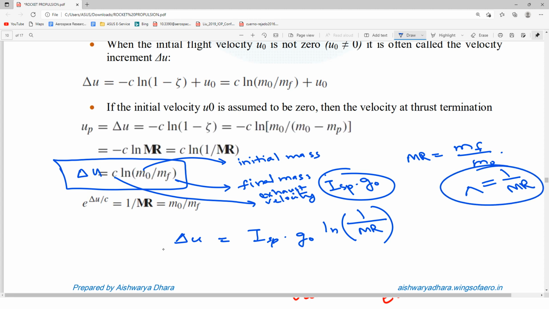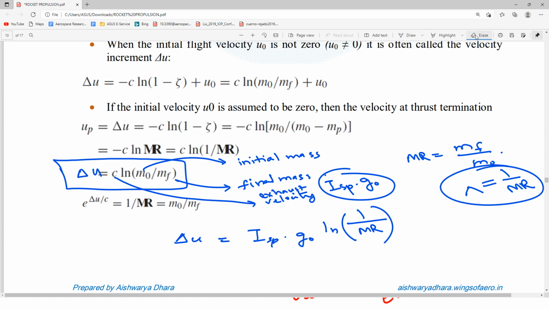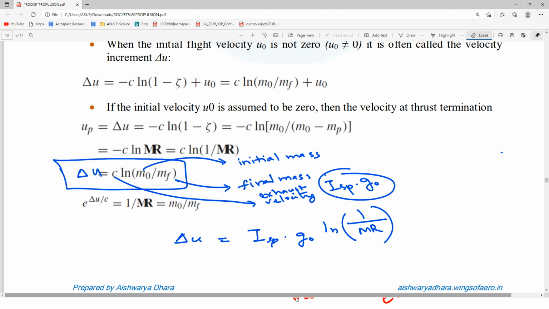So please be careful about the notation. In your competitive exam nobody is going to check the convention or notation that you have considered. The only thing they are going to see is whether you have given the right answer. So I request you to avoid those kinds of scenarios, and you can remember this equation alone.